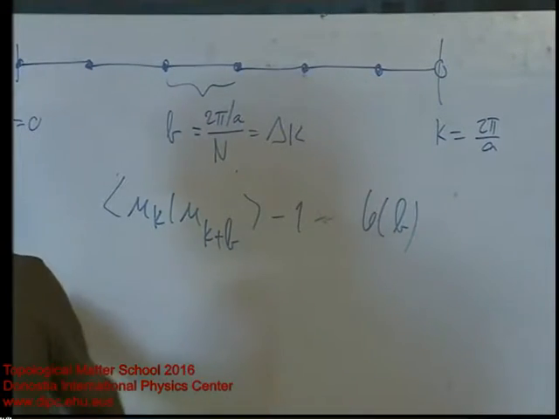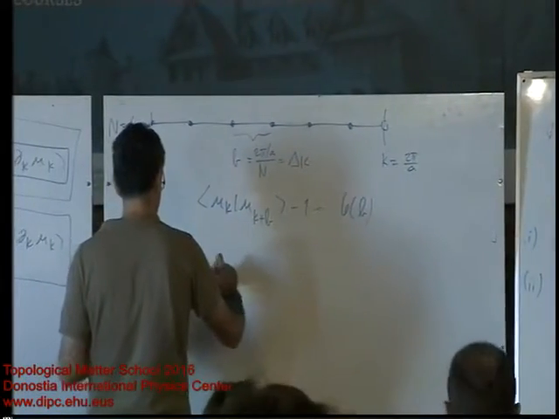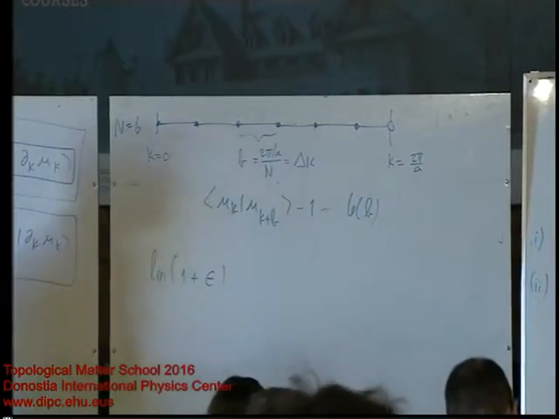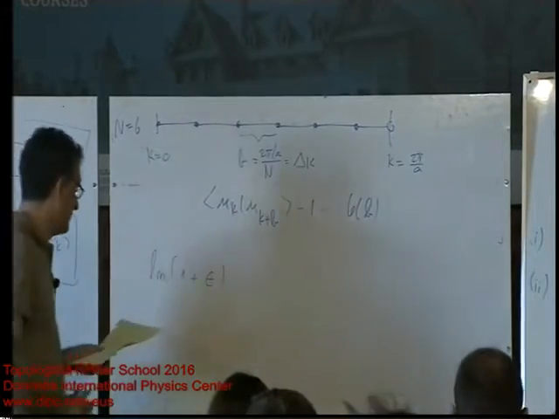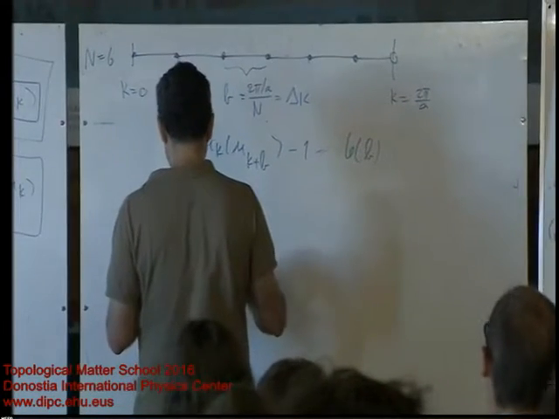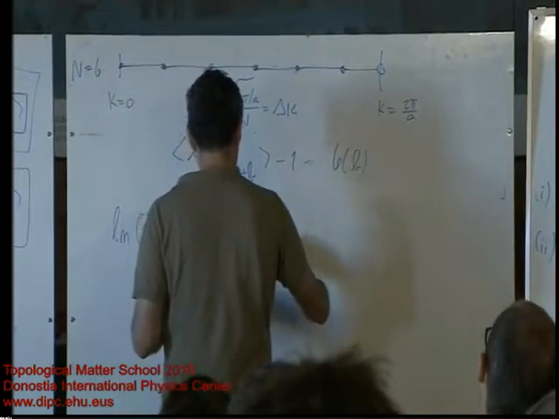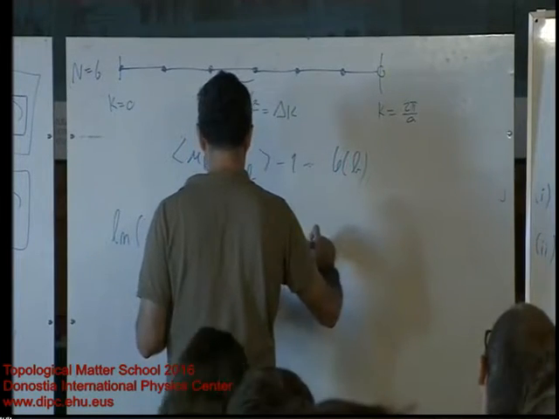So let's think of the Taylor expansion of the logarithm of 1 plus epsilon, where epsilon is a small number. The logarithm of 1 is 0, and then at first order we just get epsilon, and then we have higher order terms, epsilon squared.